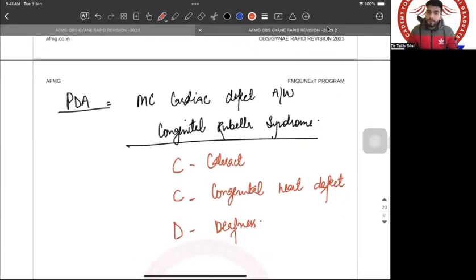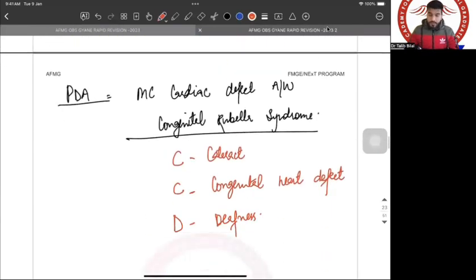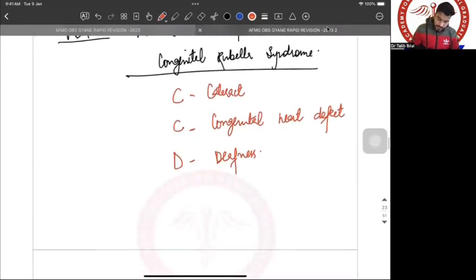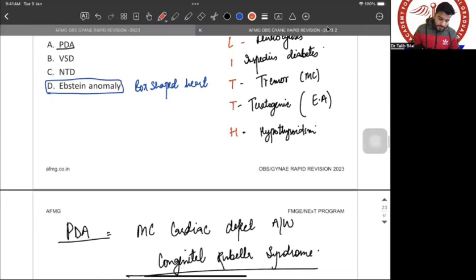And then the treatment from the pharmacological point of view, we have already studied, guys. To maintain the patency, we give alprostadil, a prostaglandin, and for the closure we use ibuprofen followed by indomethacin. Done, guys. Then neural tube defects, you already know, guys, are due to deficiency of vitamin B9.